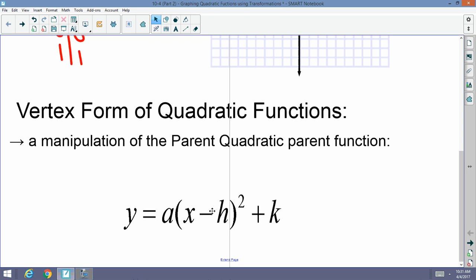But don't worry, we're going to talk about them again. And we talked a little bit about the a yesterday. We're going to talk about it again right now. So right now I'm going to go through a series of just simply explaining what the a, the h, and the k does, how it affects the quadratic functions. Are you guys ready? Awesome.